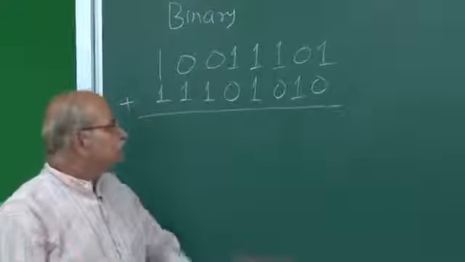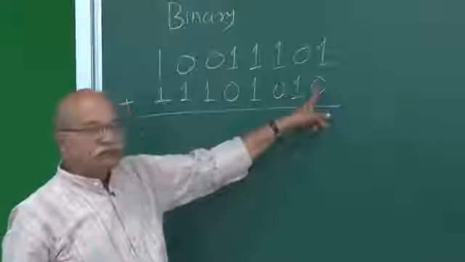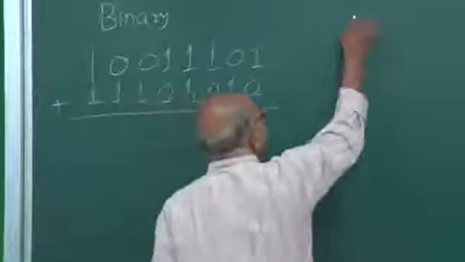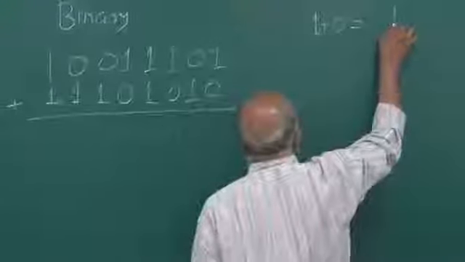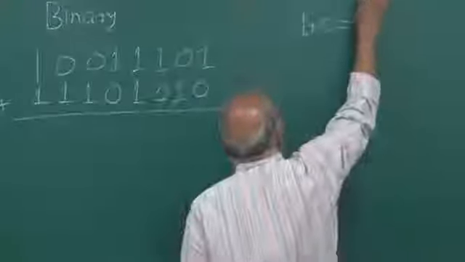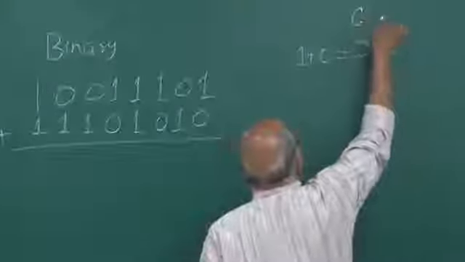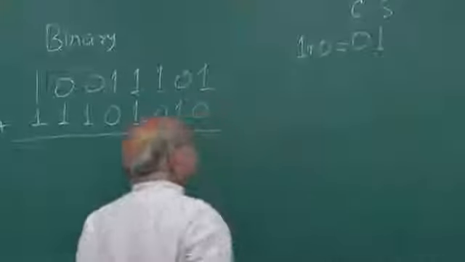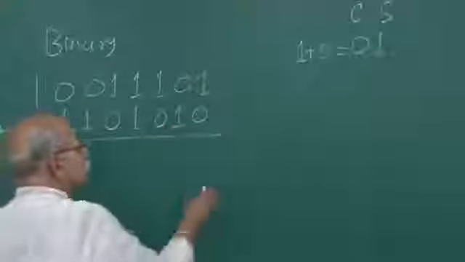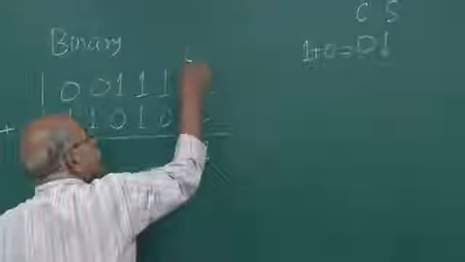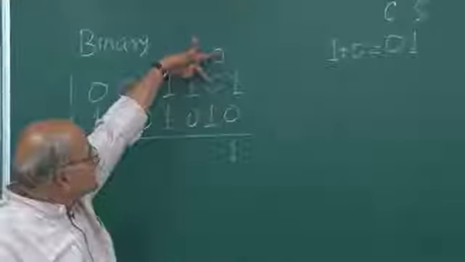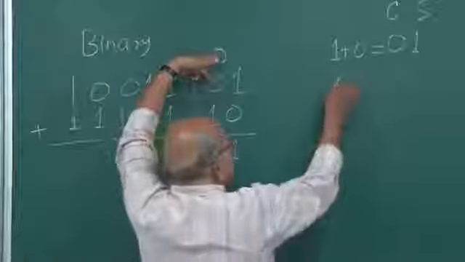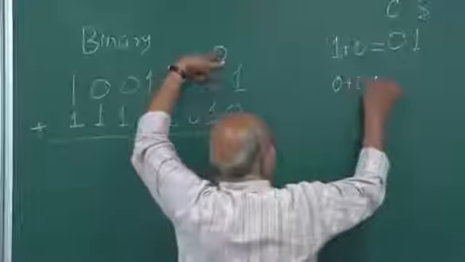So what do I need? 1 plus 0. So I should know that 1 plus 0 is 1, and if I write 1, I also write 0 here. So this is the carry digit and this is the sum digit. So 1 plus 1 gives me a sum that I write here, and the carry I write here. Then 0 plus 0. So I should know that 0 plus 0 is 0.